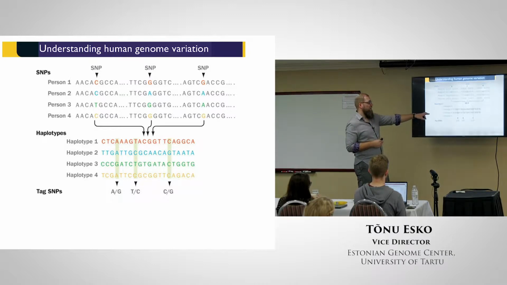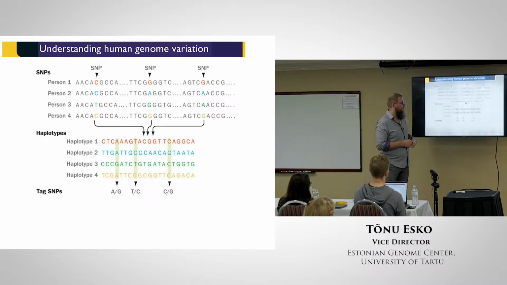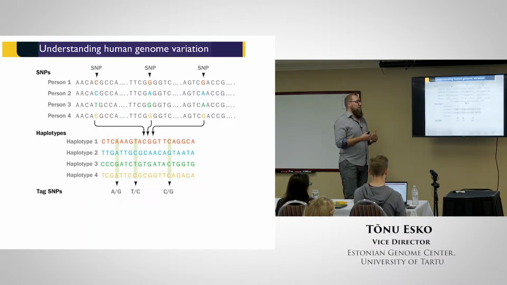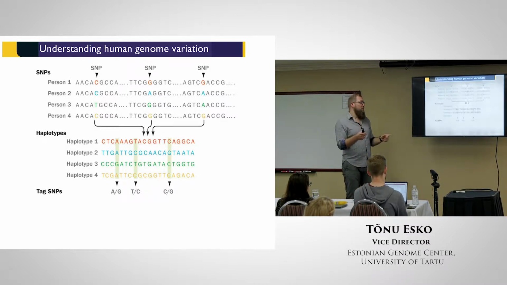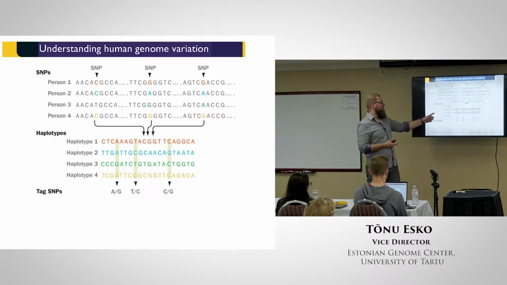But even if you look closer, there is also structural correlation, LD, between those positions that vary. This is redundant information, so we don't need to type all those variable positions in the genome.